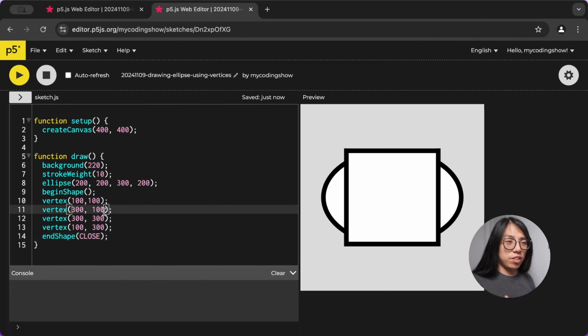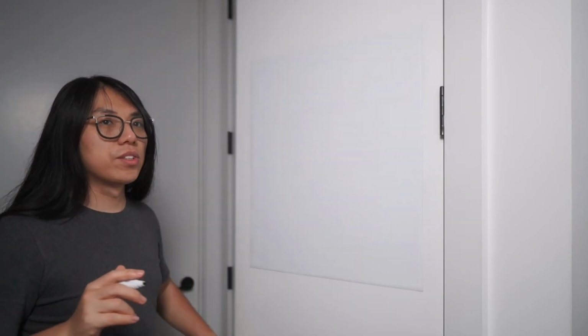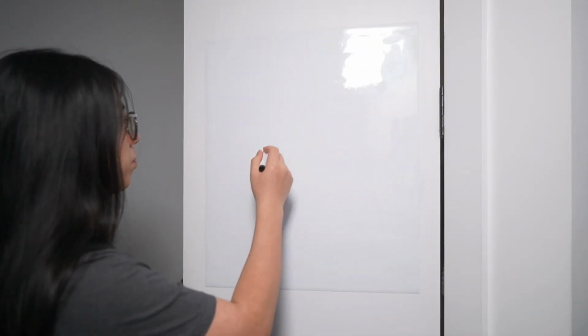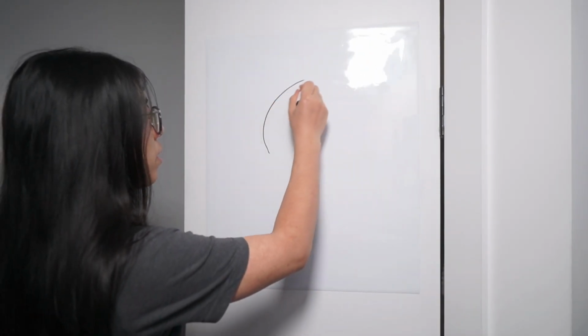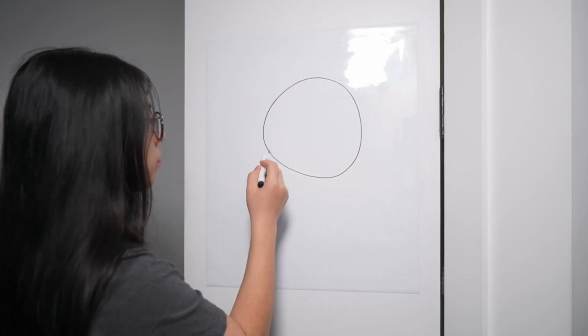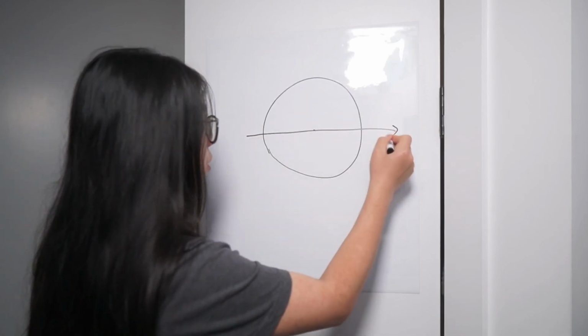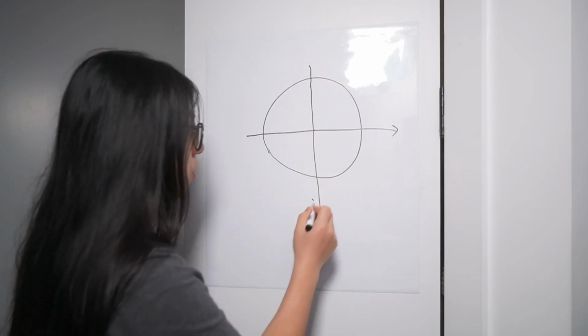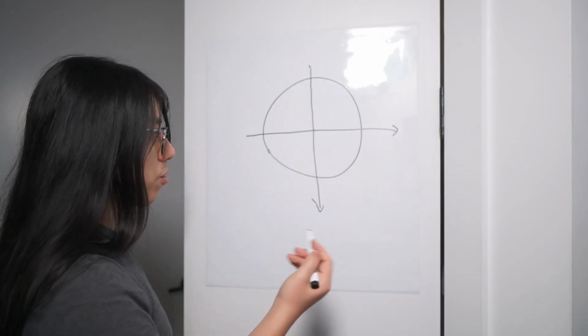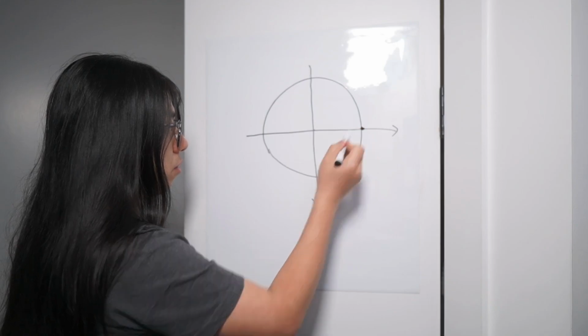So how do we generalize into a circle? In order to do that, we first need to take a look at how we can break down a circle or ellipse into vertices. Let's take a look at the whiteboard. So this is a circle, and let's think of this at the center. If we want to break this down to vertices, we can start from here.